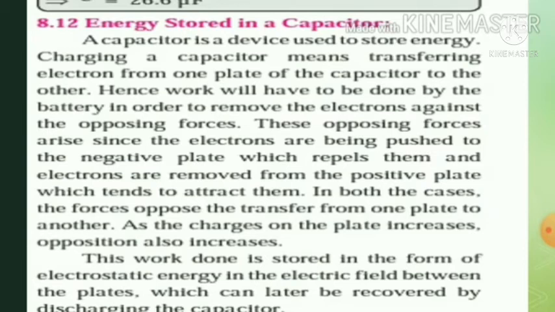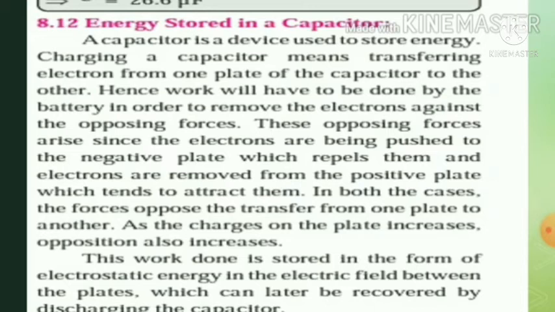At that time we learned that a capacitor or condenser is a device used to store charge, and along with the storage of charge we store energy in the plates of the condenser.